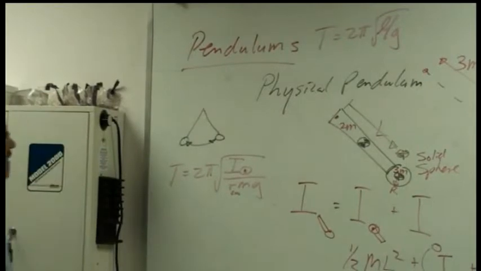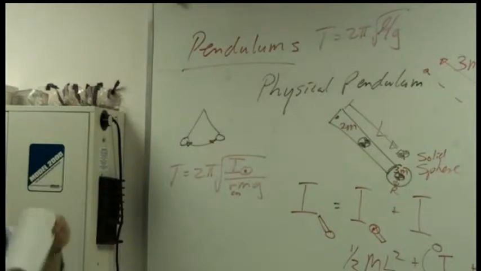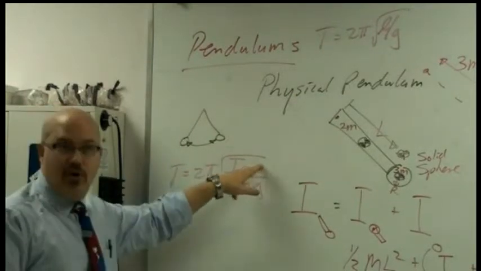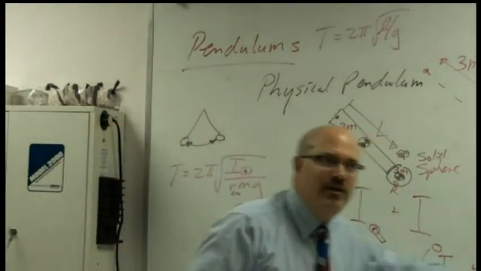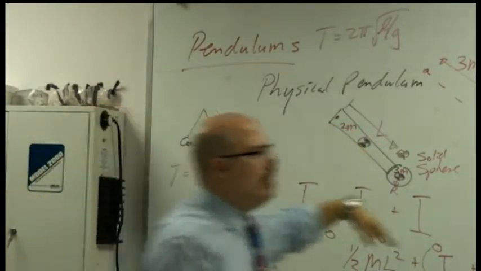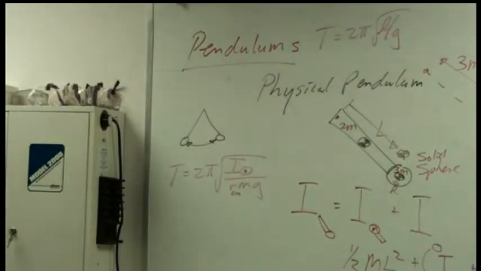You can cancel out the R's. Now, if you know what the moment of inertia is, you can plug that in, and then put in what R is, our center of mass radius.